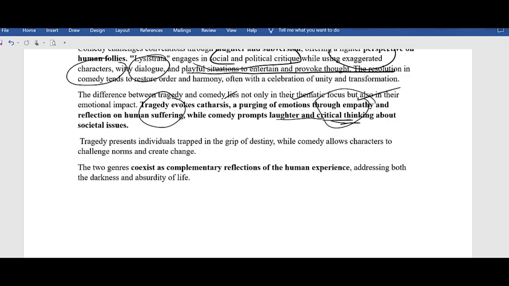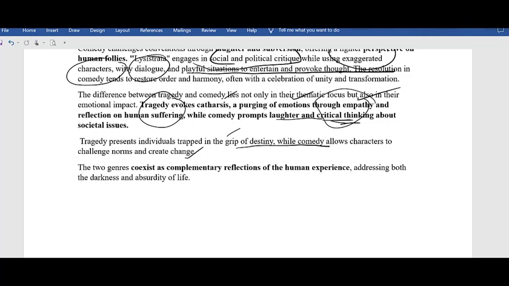So the tragedy presents individuals trapped in a grip of destiny, while comedy allows characters to challenge norms and create change. In tragedies, often, characters are trapped. They would work on a given tangent. They will not be able to move around that.